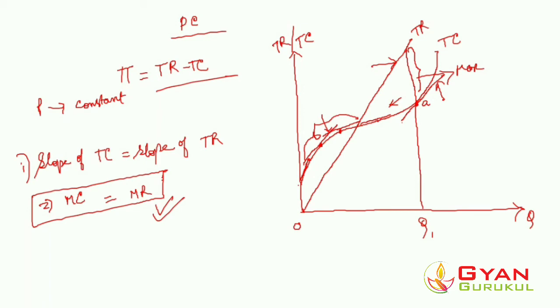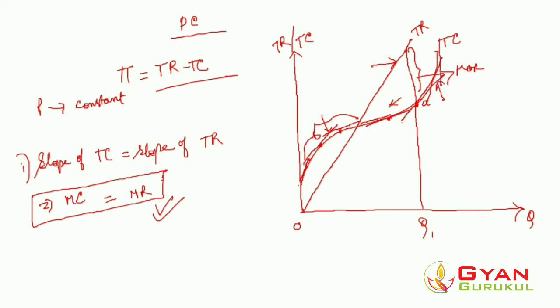But our second condition says that the slope of the total cost must be increasing at the point of profit maximization. Okay, that means the marginal cost must be increasing at the point of profit maximization. Now if you see at this point, the slope is this, at this point the slope becomes steeper, further it becomes steeper, right?